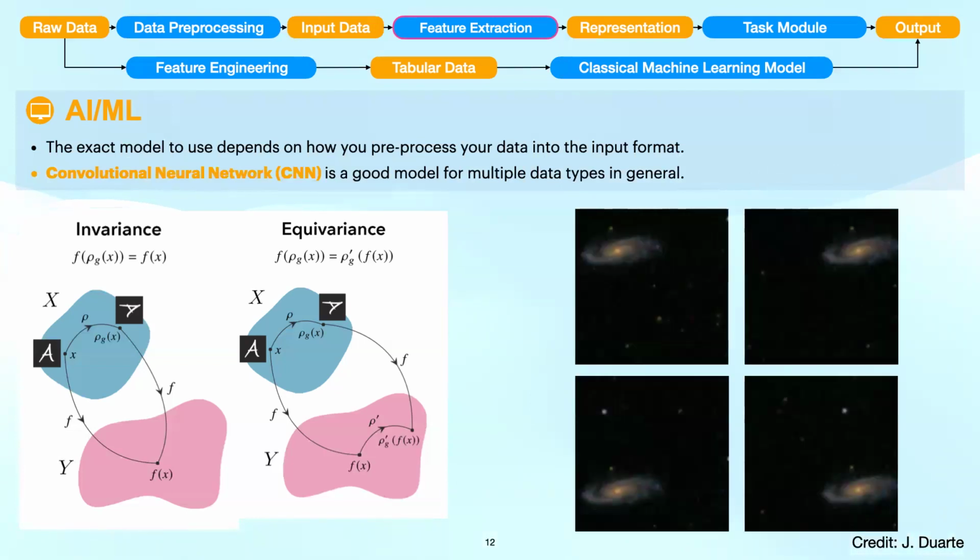Think about this problem in terms of classifying a galaxy. Let's say we have some input from our telescope and we want to classify whether this image contains a galaxy. But when we are taking images, the galaxy could be at different locations in our telescope image, right? It can be on the upper left, the upper right, the lower left, and the lower right corner.